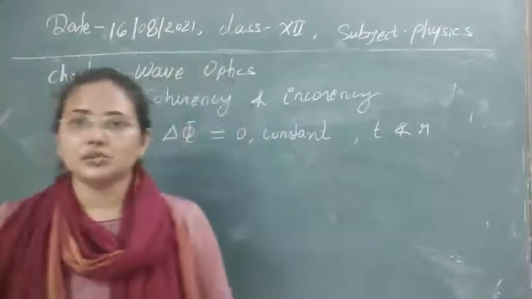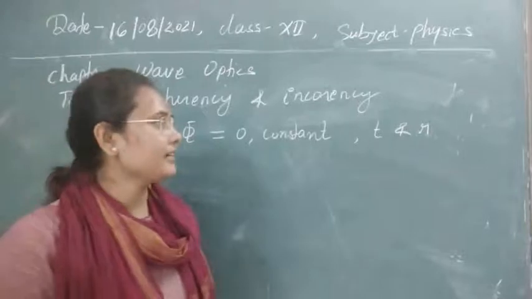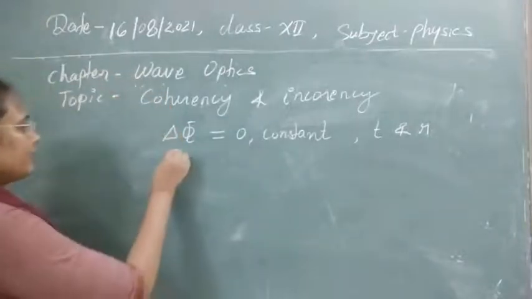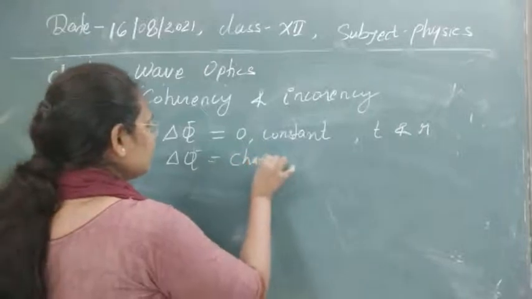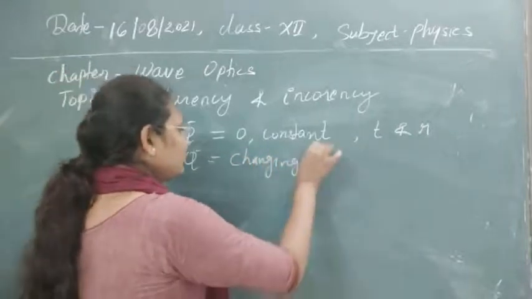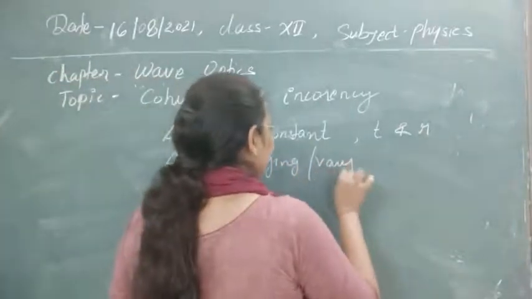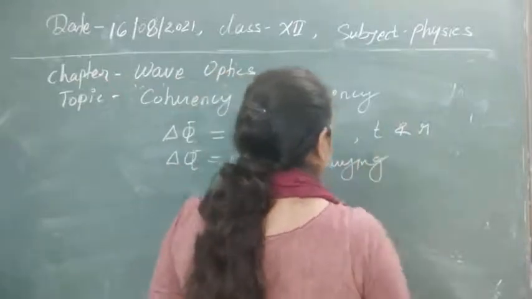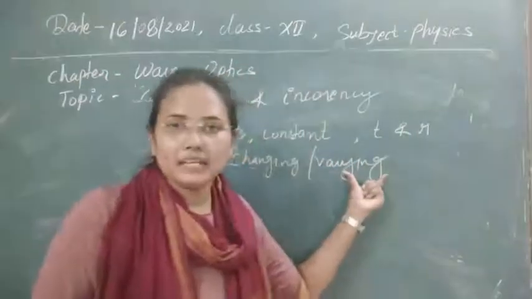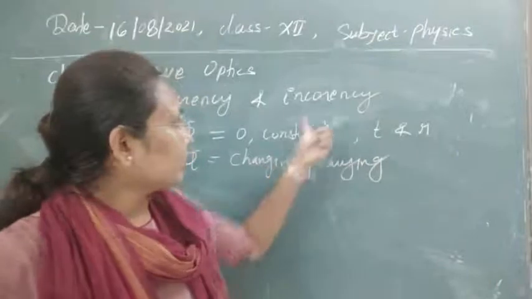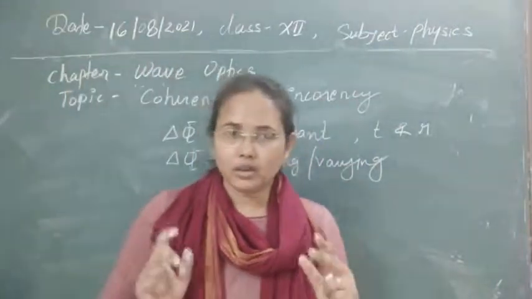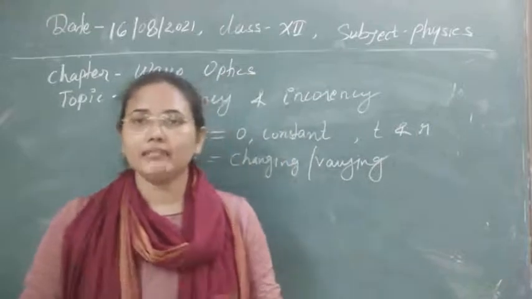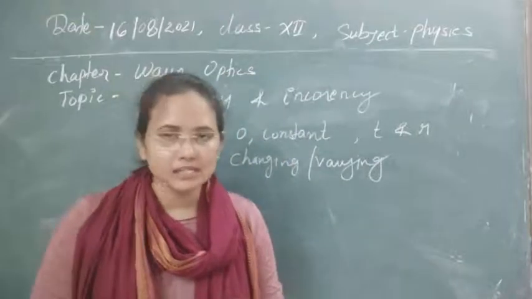And when this condition is not followed, whenever delta phi is changing, or in other words varying, then this is known as incoherent waves.